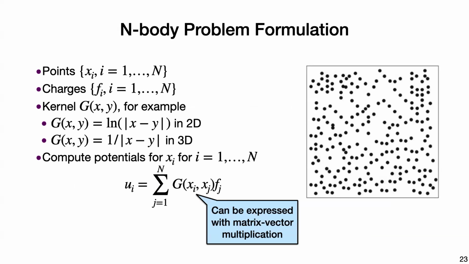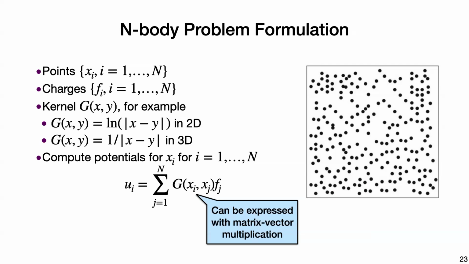Suppose we have some points x sub i for i equals 1 up to n, and some charges f of i for i equals 1 up to n. And we have some interaction function g of x and y. In 2D, it's the natural log of the distance between x and y.